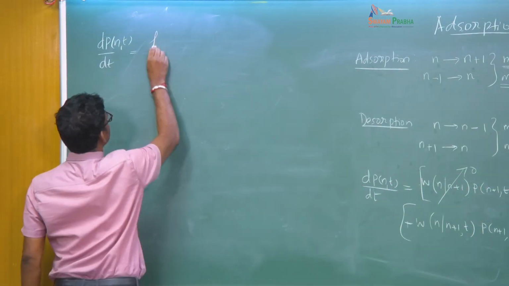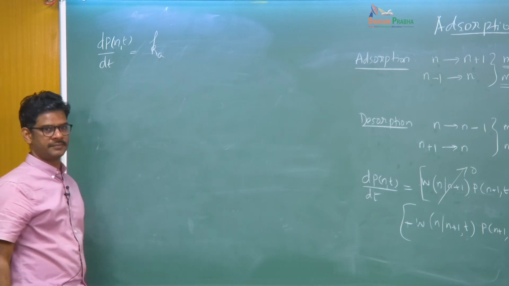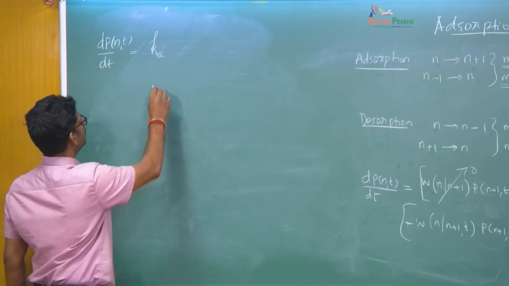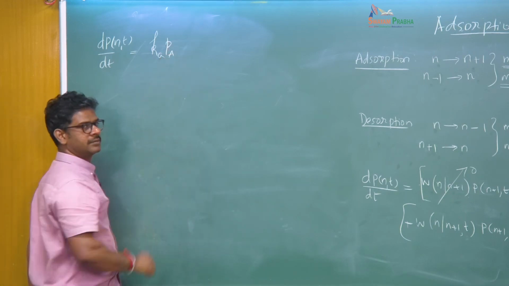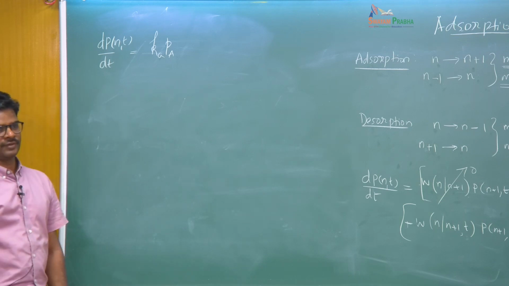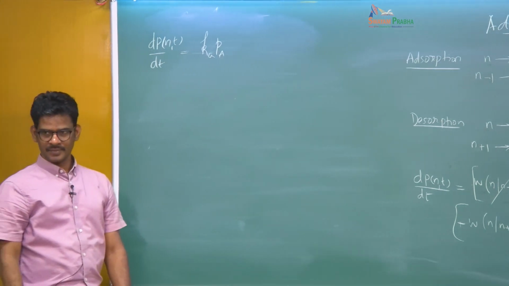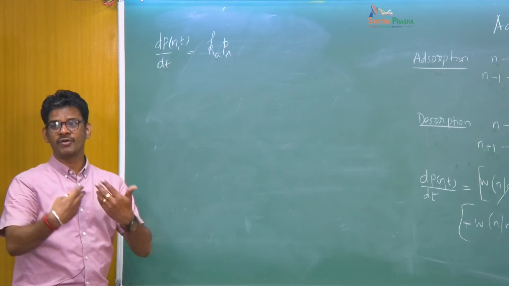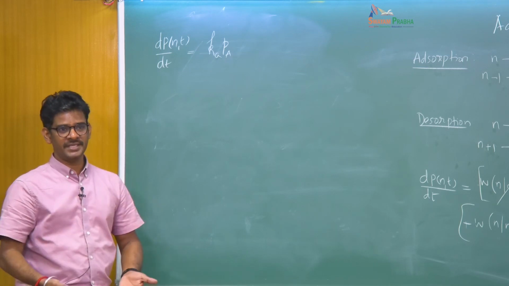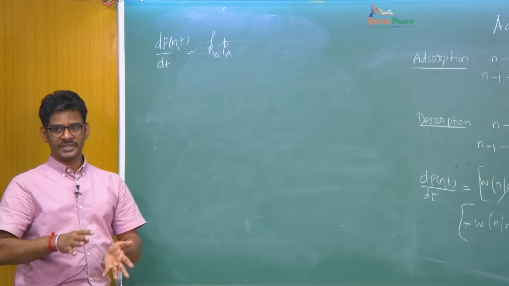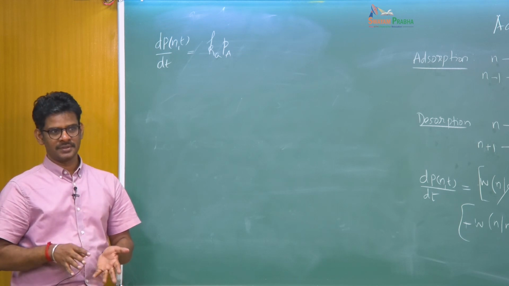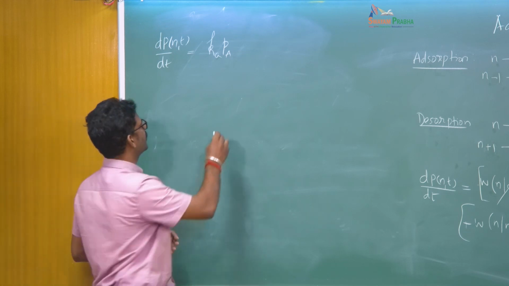So the rate constant is Ka, and Pa, and the number of vacant sites, right? The adsorption is proportional to the number of vacant sites. What is the number of vacant sites when there are already n occupied sites? S naught minus n. Okay, good.